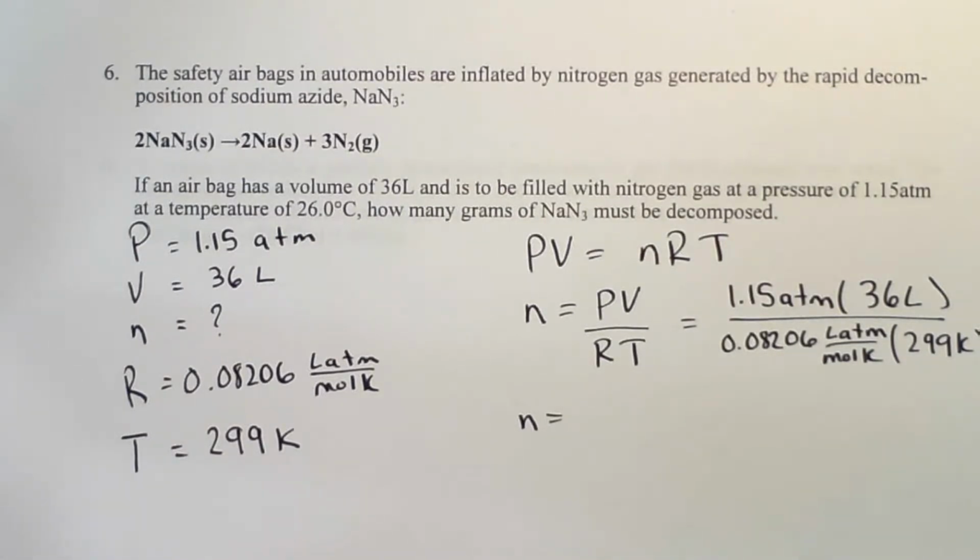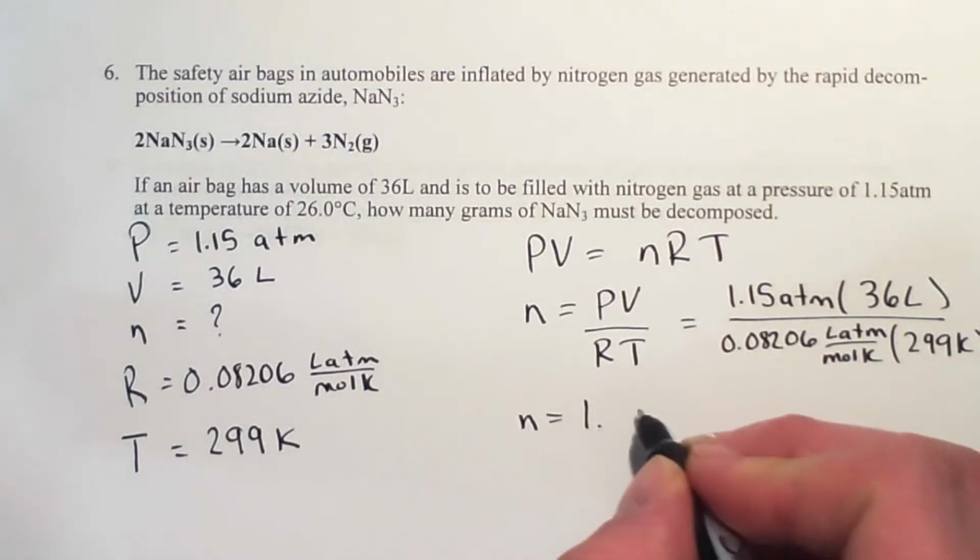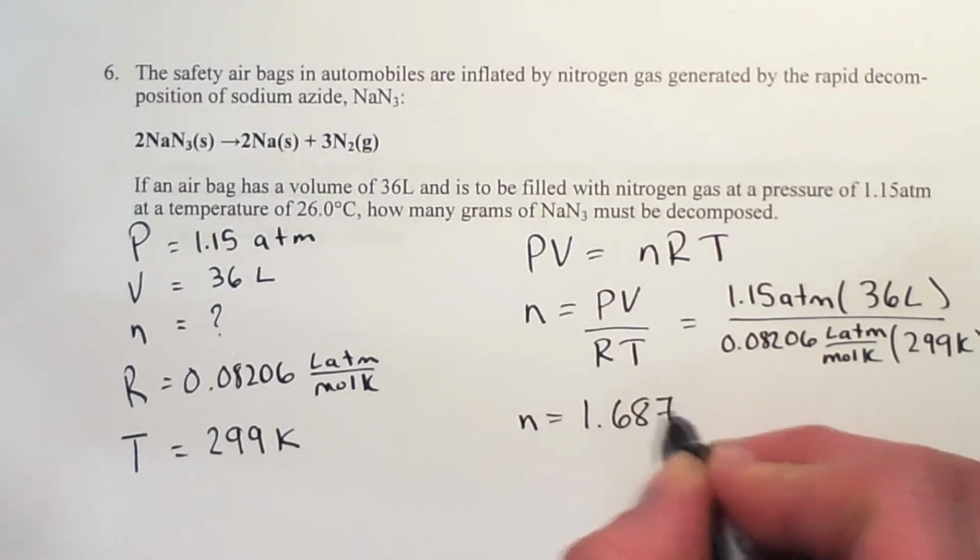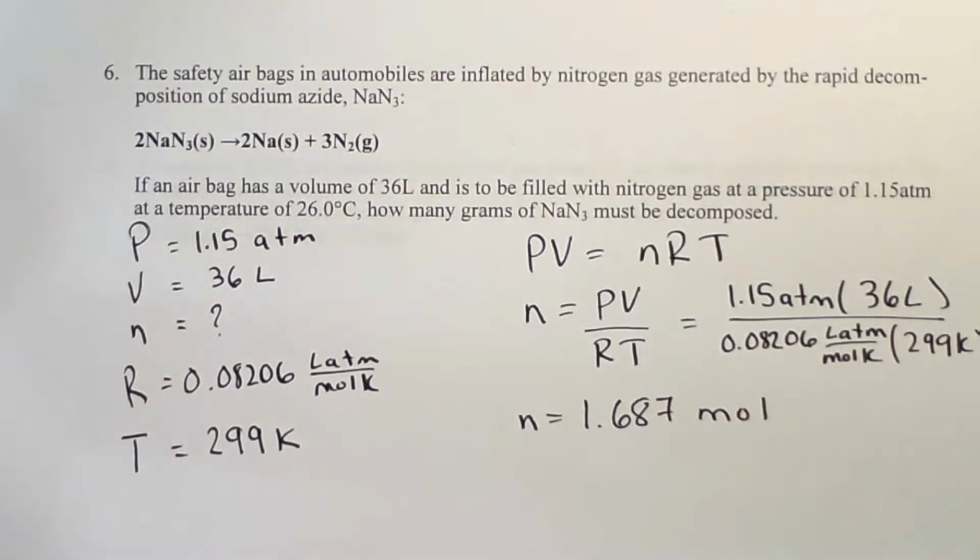So 1.15 times 36 divided by that is 1.687 moles.